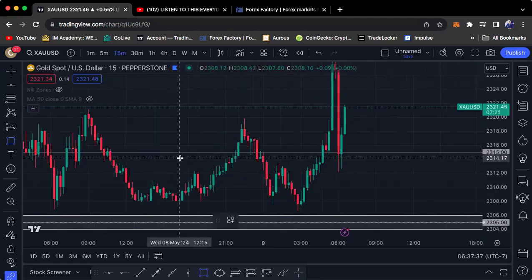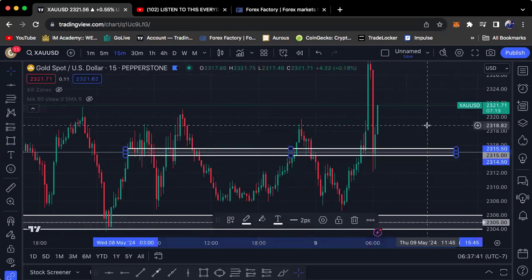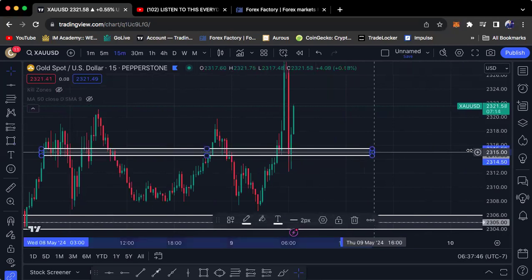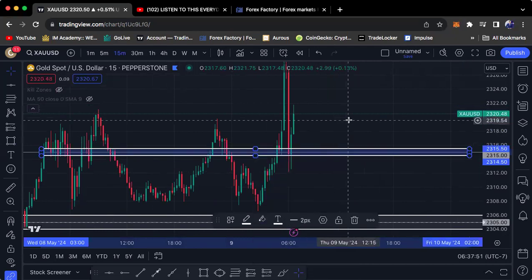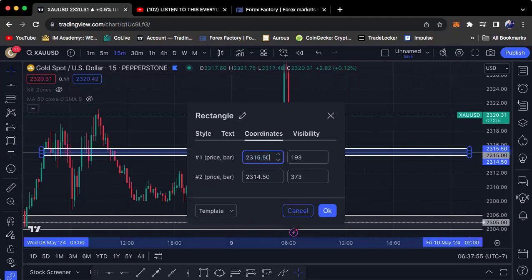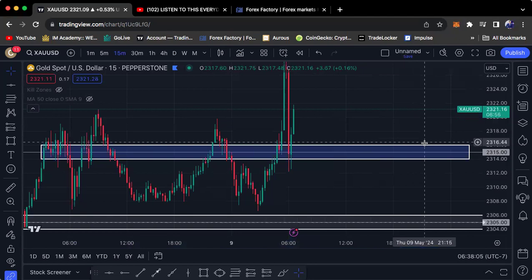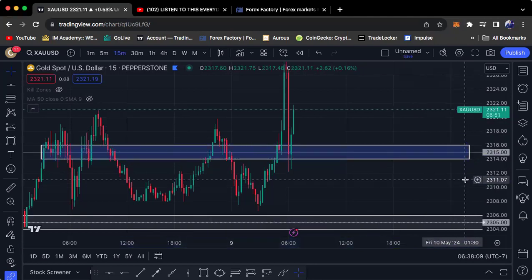So I'm gonna get my rectangle. Try it here. I'm gonna color it blue because it's my internal zone. Okay. The width of my rectangle is 20 pips, so I'm going to change it to 2316, 2314. Boom. That's a total of 20 pips. Okay.